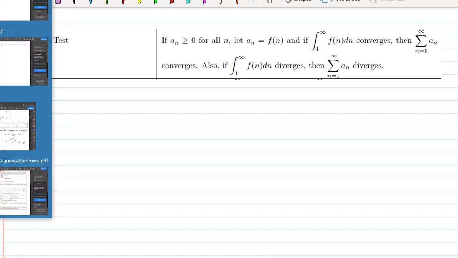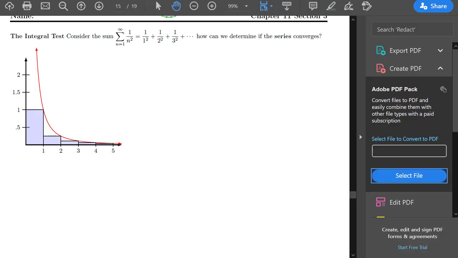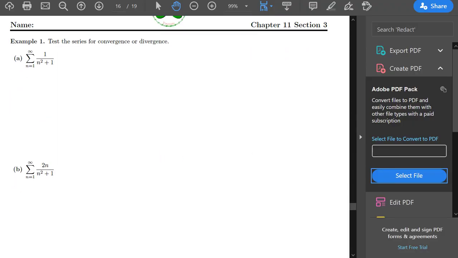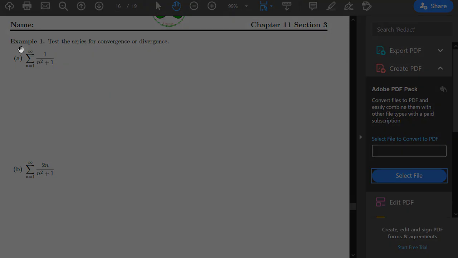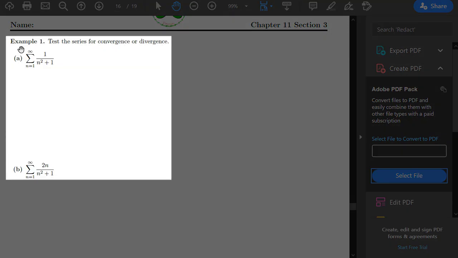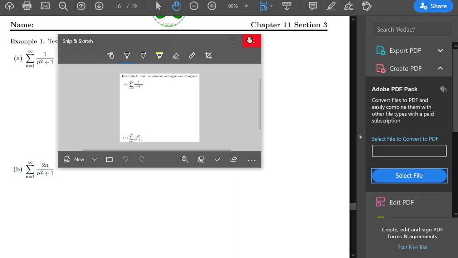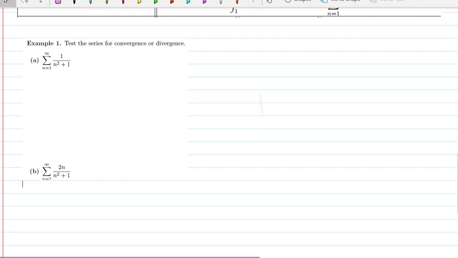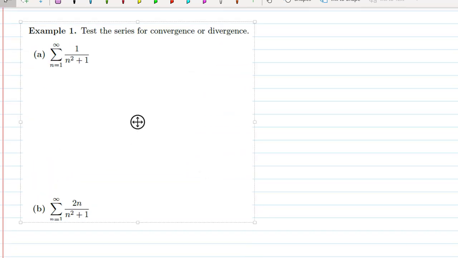All right, let's go ahead and do a couple of examples. So we wish to test this series for convergence or divergence.